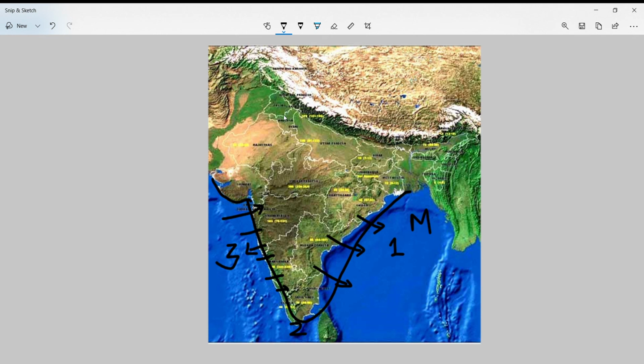While the places which are away from the sea are either very hot or very cold in summer season and winter season. For example, if you take Delhi here, Delhi will be very hot in summer season and very cold in winter season, because it is not affected by the sea breeze and land breeze.